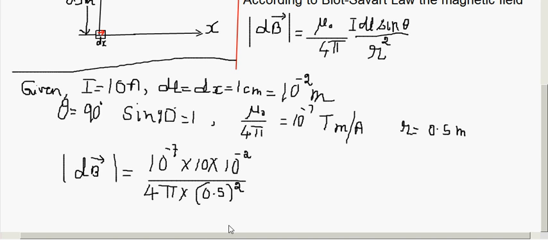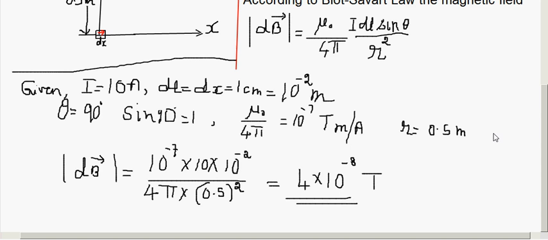Now calculate this: 10 to the power minus 7 into 10 into 10 to the power minus 2 divided by 0.5 square. This will give rise to 4 into 10 to the power minus 8, and the unit of field is Tesla.